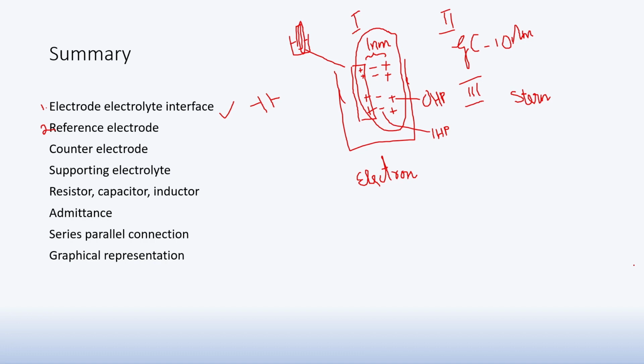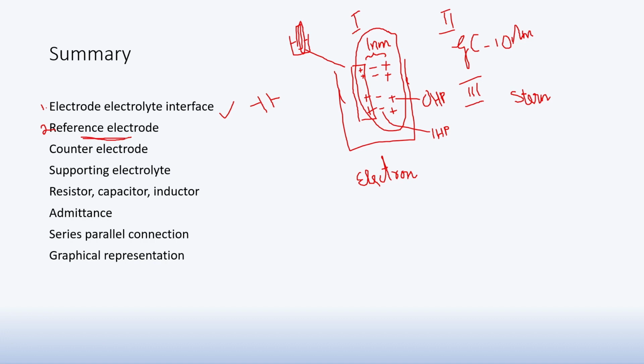So what we can do is take something known as a reference electrode, which will have the same drop of potential across any solution. So whatever you will be measuring will be the potential of one particular electrode, because the reference electrode has the same potential drop in every solution.